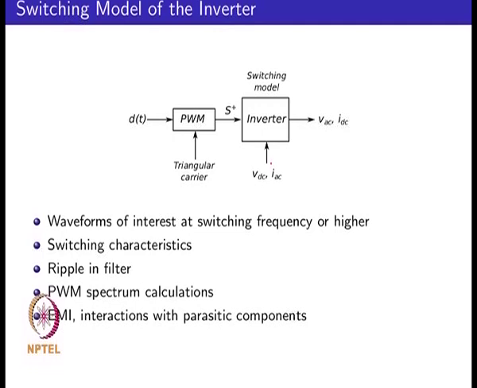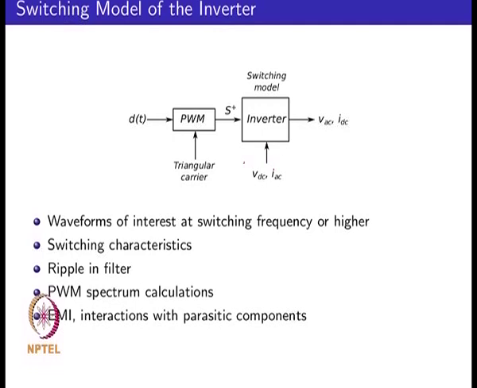It does not change rapidly because we have a large capacitor typically connected to the DC bus. Another slowly varying quantity is your AC current. Again, the reason why we consider the AC current to be slowly varying is because we have an output filter, which is typically an inductive filter, and the inductor prevents sudden changes in currents. So we consider the AC quantity to be also slowly varying.